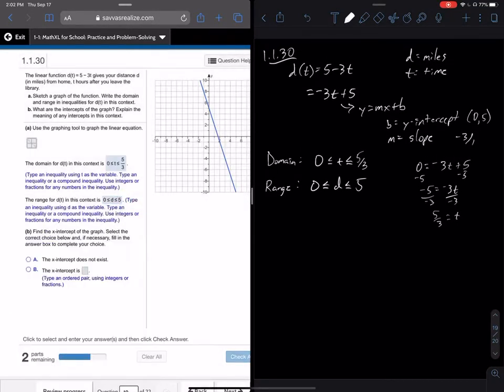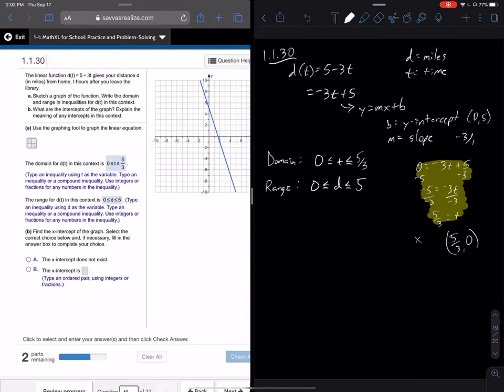Good. Continue right on. All right, find the x-intercept of the graph, select the correct choice below, and if necessary, fill in the answer box to complete your choice. Well, fortunately for us, we already found the x-intercept. That's where we worked over here. This is what we used to find our domain, but it also gave us our x-intercept, which is going to be this 5/3, 0. Remember, x-intercept is when y is equal to 0. That's what we plugged in.